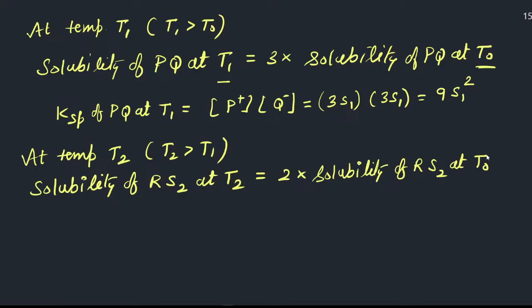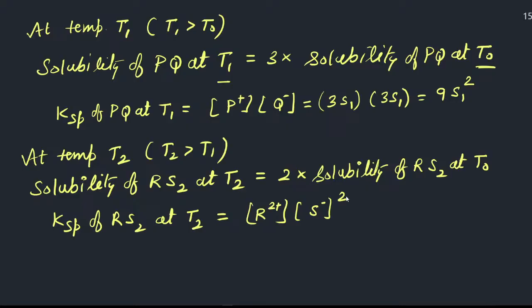Now Ksp of RS2 at T2 is equal to R2 plus raised to power 1 times S negative raised to power 2, and it is not S2, now it is 2S2.